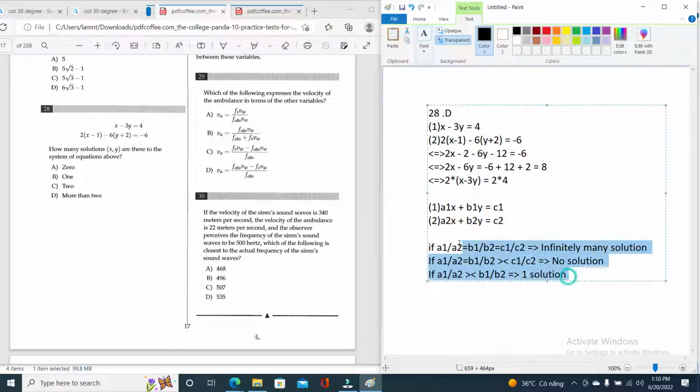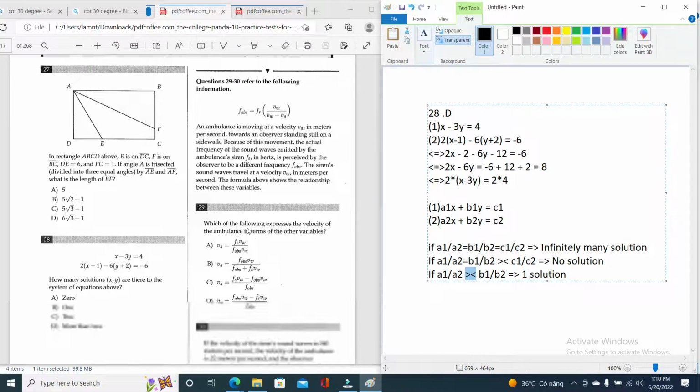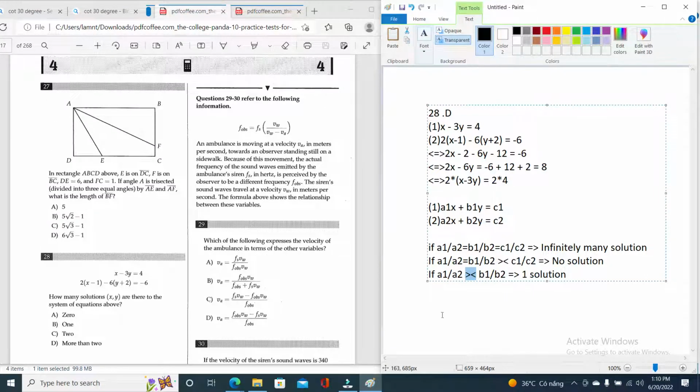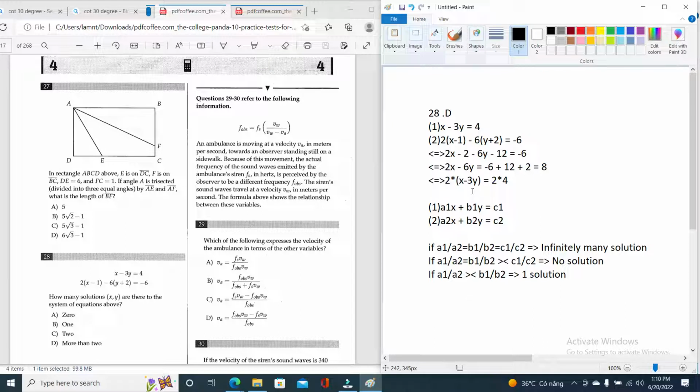So that's the rule. If the ratios are all the same, we have infinitely many solutions. If only the first two ratios are equal and the other is different, then we have no solution at all. And if the coefficients of x and y are in different ratios, usually we have one solution. That's what usually happens. Alright.